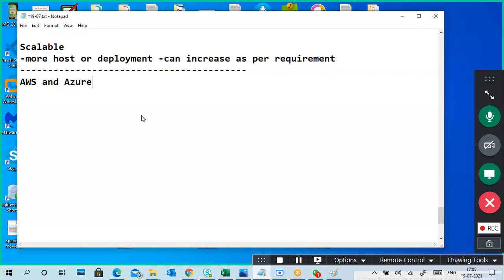I am not going to create any virtual machines or services for you, because I don't have an activated account in AWS or Azure. I have an account, but I have not activated my free account because our classes are continuously going on. Now is July 19th, so next July 18th or 17th it will expire.